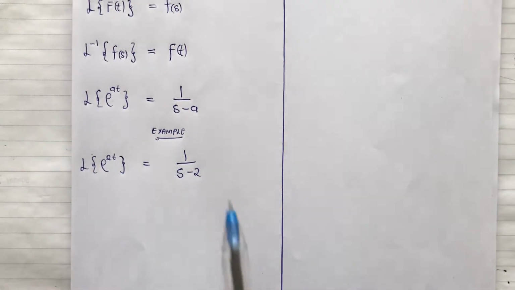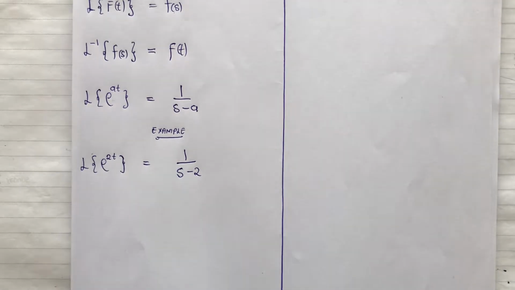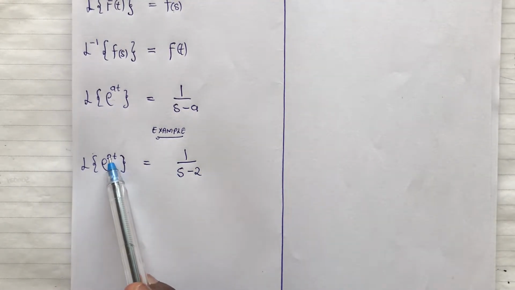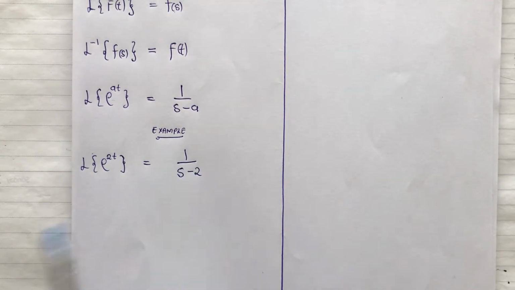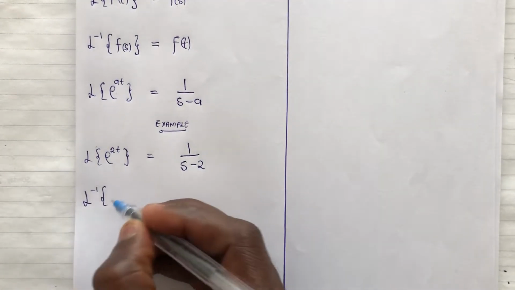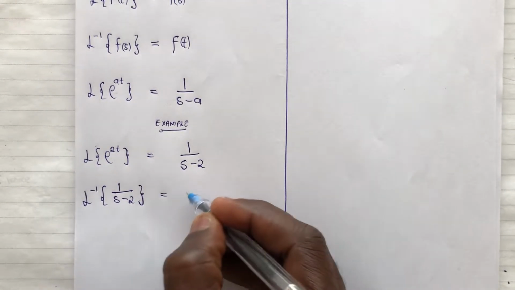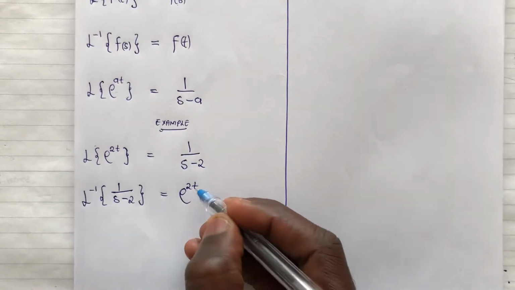Okay, now this is your solution for this particular question. Remember that I'm just taking a shortcut method because we will be applying this. If I want back my e to the power 2t, then I'll just take the inverse of this one. And this will give us the Laplace inverse of the function 1 over s minus 2 should be equal to e raised to the power 2t.